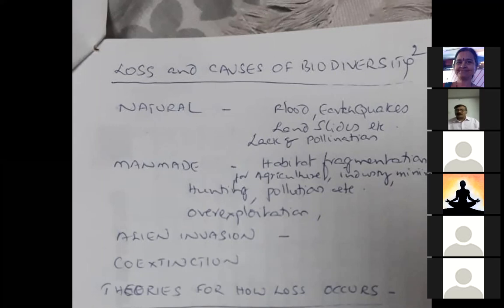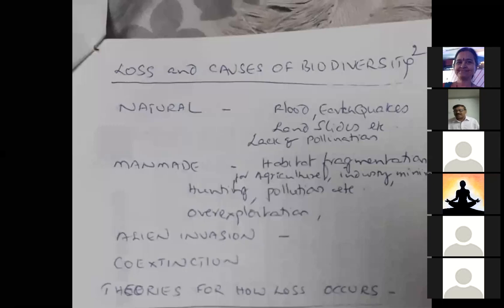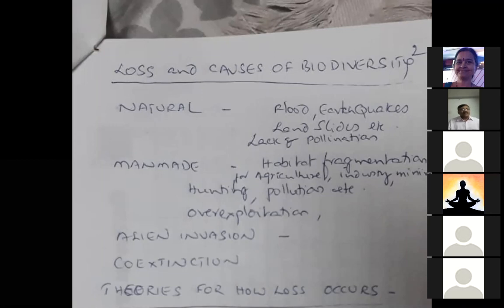Then natural causes for this loss of biodiversity: floods can cause it, and then there are earthquakes, landslides, and when some of the useful intermediates are lost, I told you insects and birds, such things are lost.